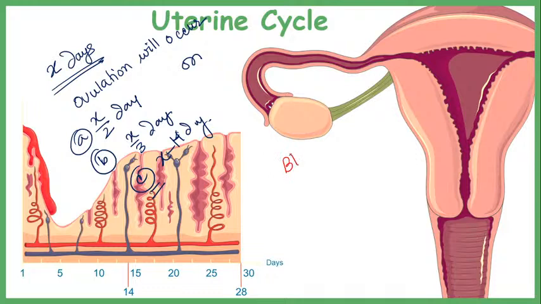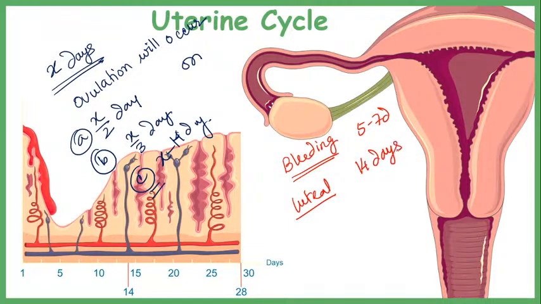The bleeding phase has a constant time. It will be 5 to 7 days. The luteal phase is again very constant. It will be of 14 days. So the follicular phase has variable duration. And you are wrong. Follicular phase has variable duration.